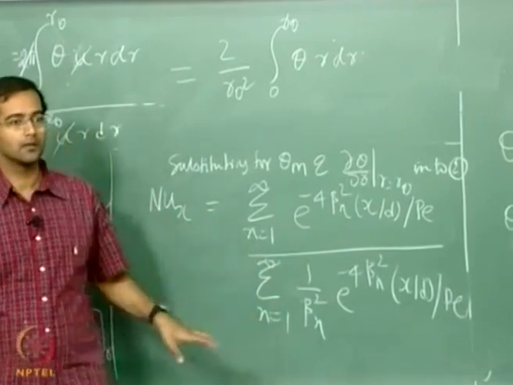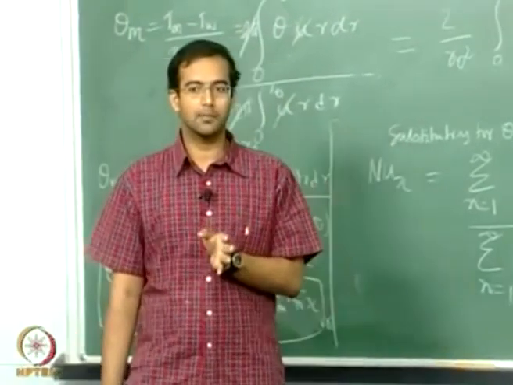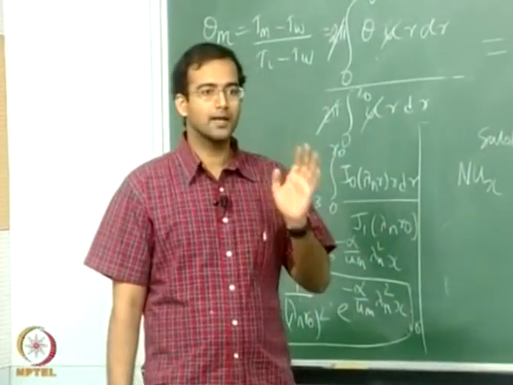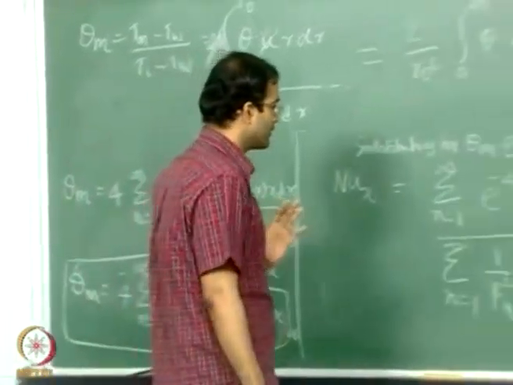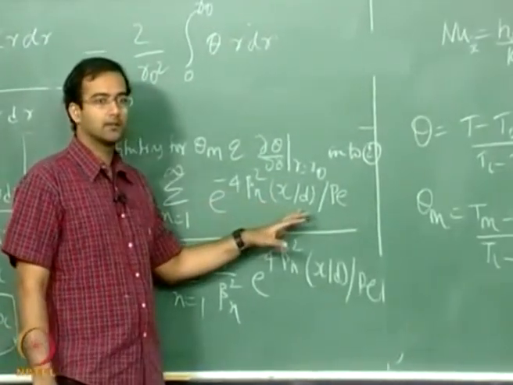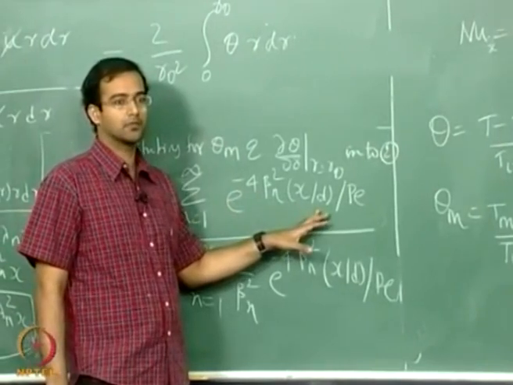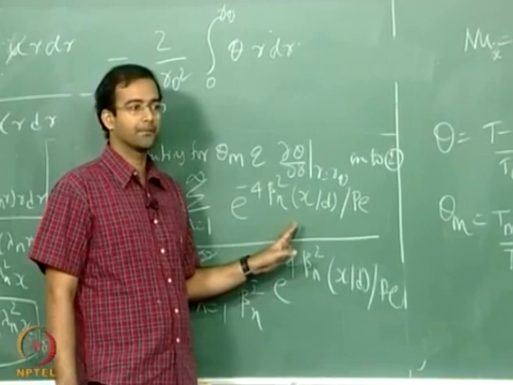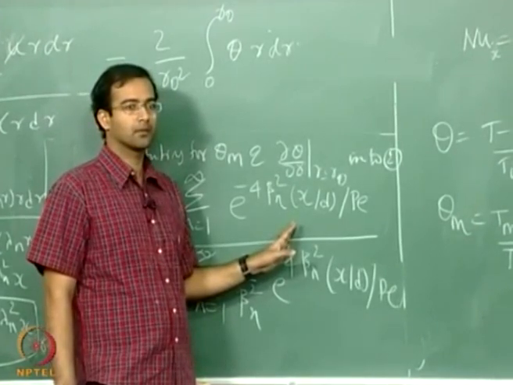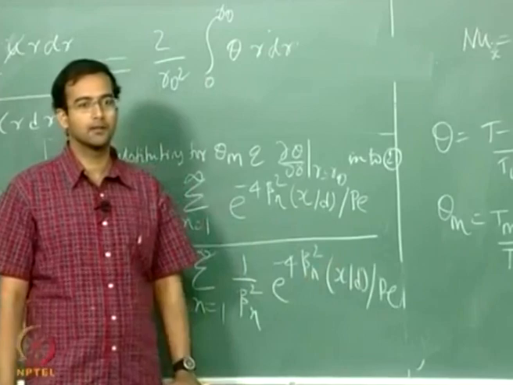Okay, now this is a general expression for the hydrodynamically fully developed and thermally developing flow. Now we should asymptotically retrieve the case for thermally fully developed flows from this expression. What is the asymptotic case? What is the limit at which we can retrieve the fully developed case?